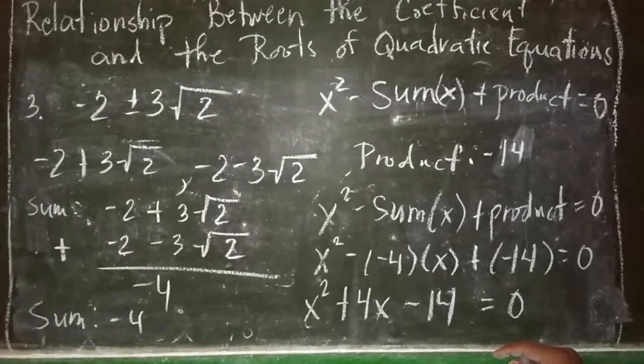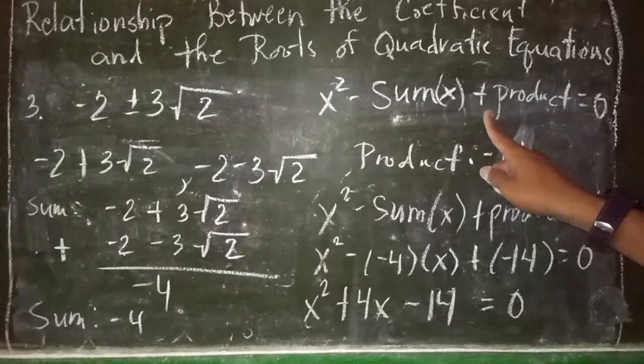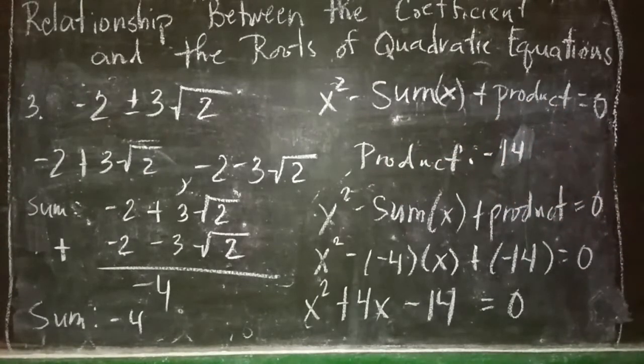Therefore, the quadratic equation whose roots are negative 2 plus 3 square root of 2 and negative 2 minus 3 square root of 2 is x squared plus 4x minus 14 equals 0. So, that is how you're gonna find the quadratic equation given its two roots. Just follow this form, x squared minus sum x plus product equals 0.